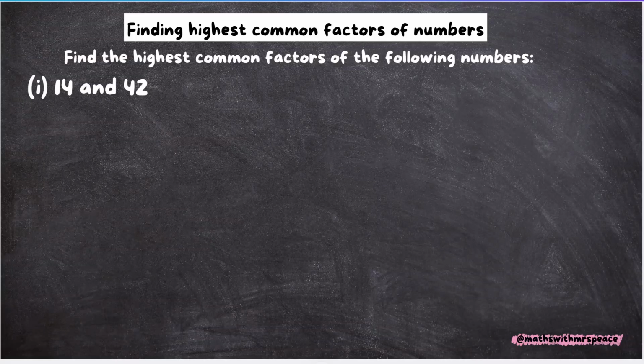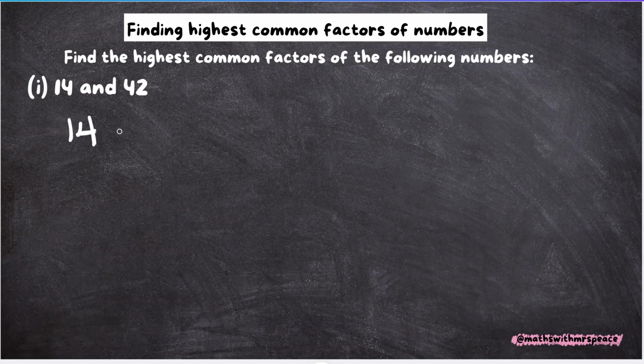So we have this one, find HCF of the following numbers, 14 and 42. We begin by listing the factors of 14 and the factors of 42, and then we find their common factors and also the highest common factors. Please note that the term highest common factor is used interchangeably with greatest common divisor, but they mean the same thing.